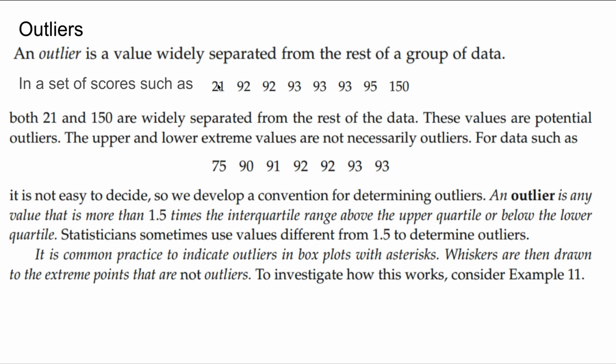Like 21, it's very far away from 90s here. And 150 is also very far away from 90s here. So maybe you can suspect that 21 and 150 might be the outlier, right? We're gonna talk about how to determine the outlier a little bit later.